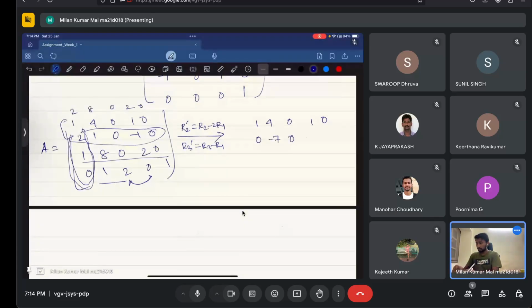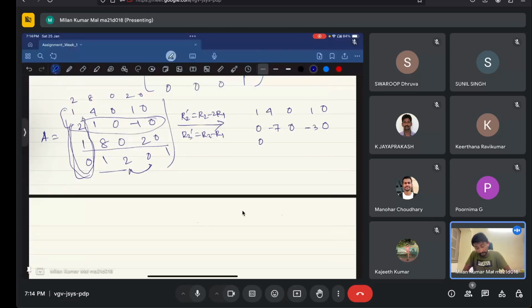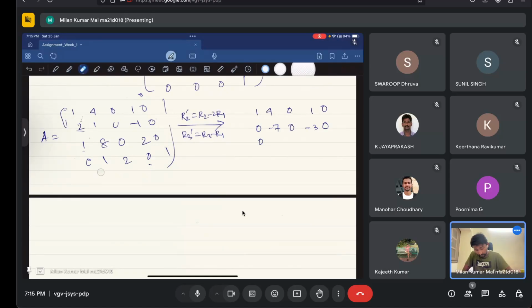Writing correctly. Yes, minus 3, and the third row will be 0, 1 minus 1. I mean, we'll just directly subtract the rows and write. So this is the matrix.